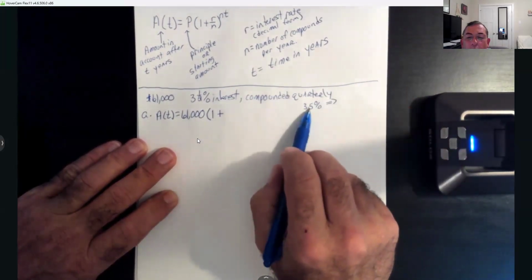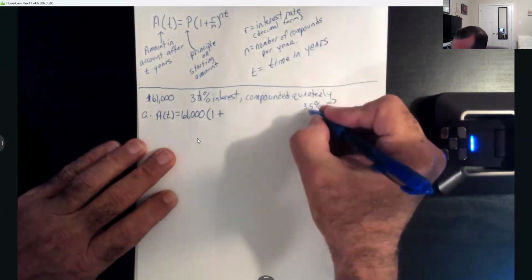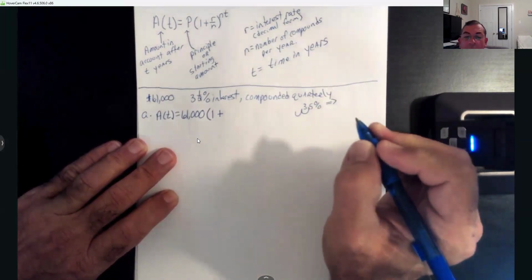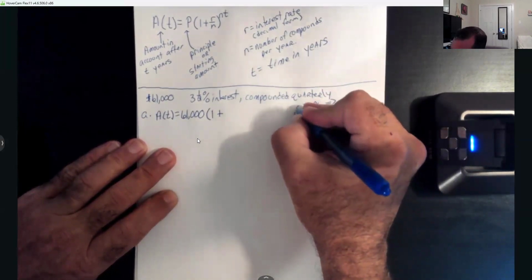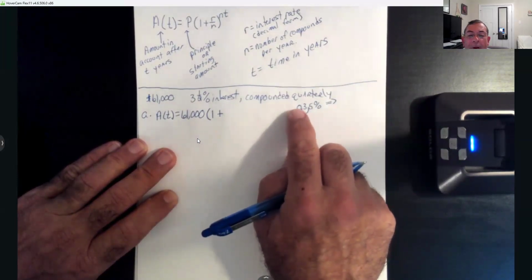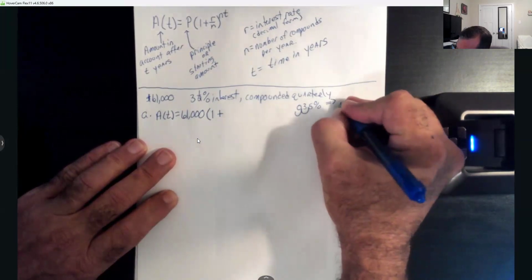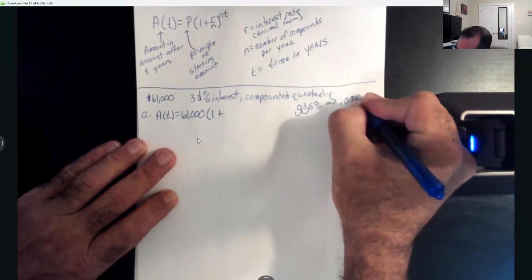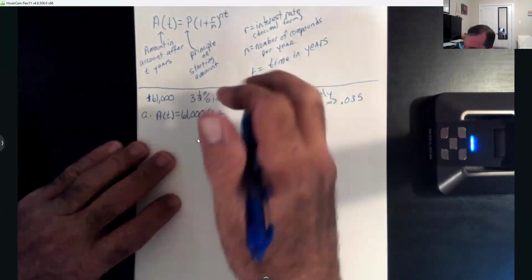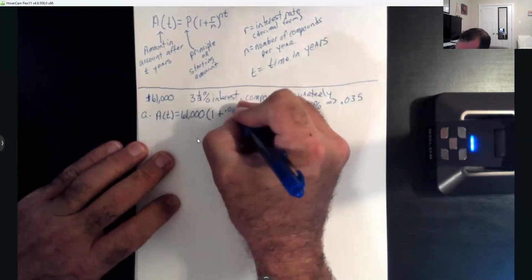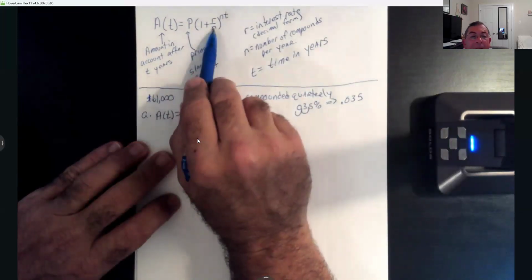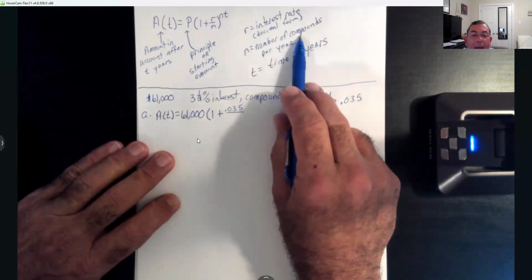So to turn 3.5% into a decimal, you got to move this decimal left 2 units. And y'all, that means on this one, I would have to add a 0 so that this becomes 0.035. So this is what you got to put in for your R. 0.035 divided by N. N is the number of compounds.